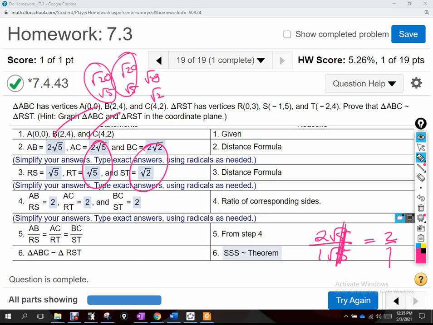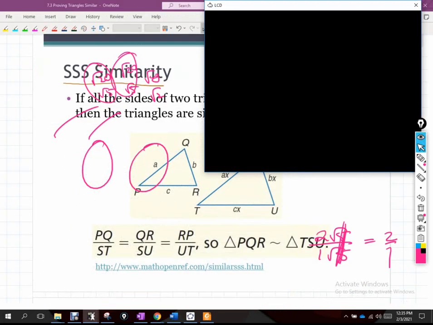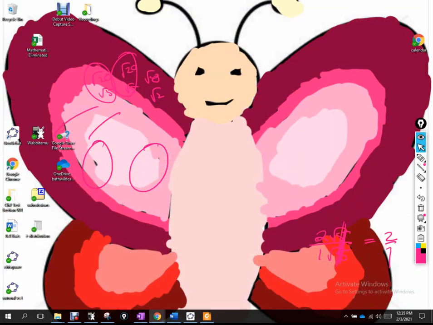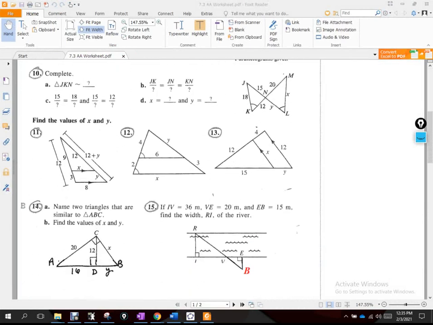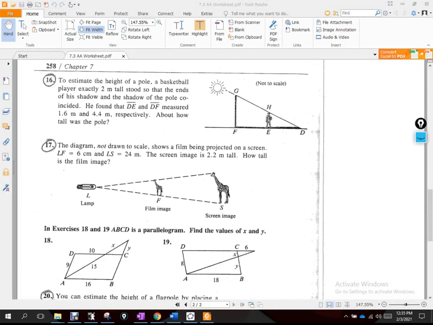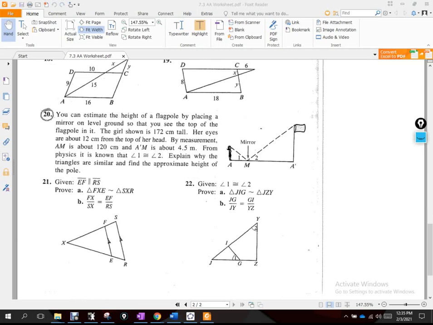I'm going to leave that assignment open until Friday. So give you quite a bit more time to work on that. But I'm also going to give you another assignment as well. I'm going to give you a worksheet. We're going to talk about some of these questions tomorrow in class. If not tomorrow, definitely Friday. There are some questions on here that are pretty cumbersome for some people.